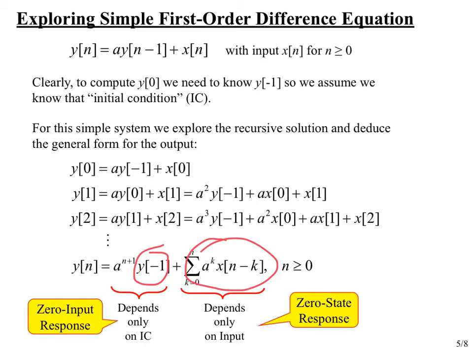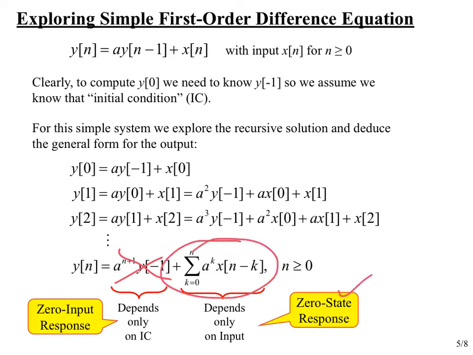So we have our 0 input response. If the input is 0, then this term goes away and we're left with just this part, which is what we call the 0 input part. And conversely, to get the 0 state part, we set the state to 0, so that part goes away and we're left with this part, which is what we call the 0 state response.